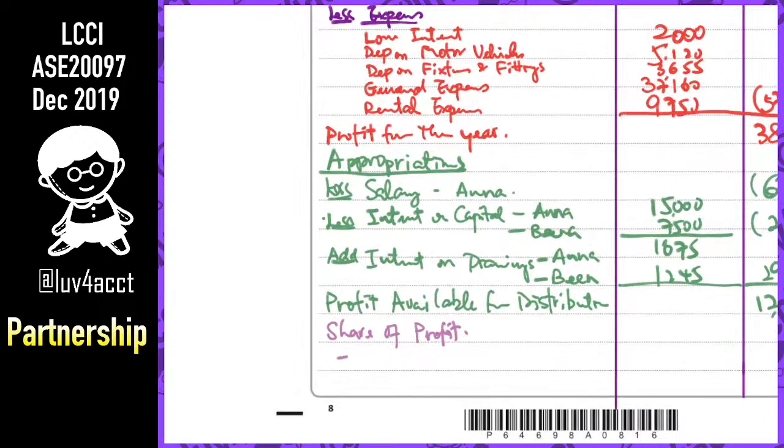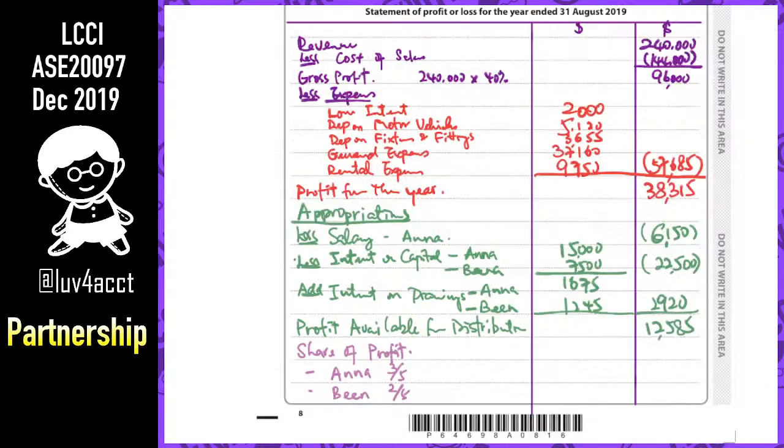So we have Anna and Bina at 3/5 and 2/5 of this 12,585: 7,551 and 5,034.